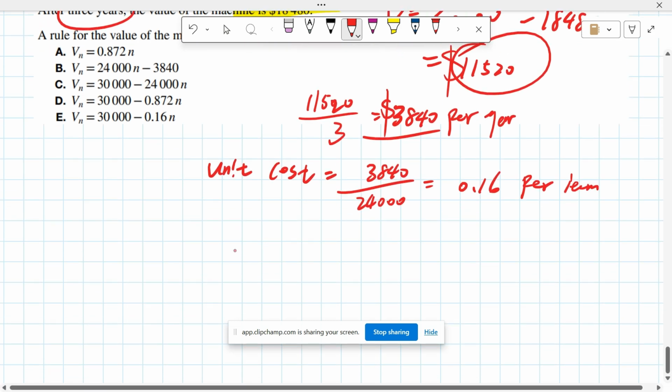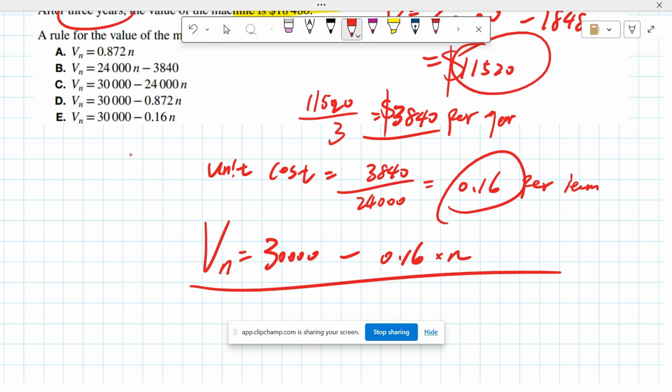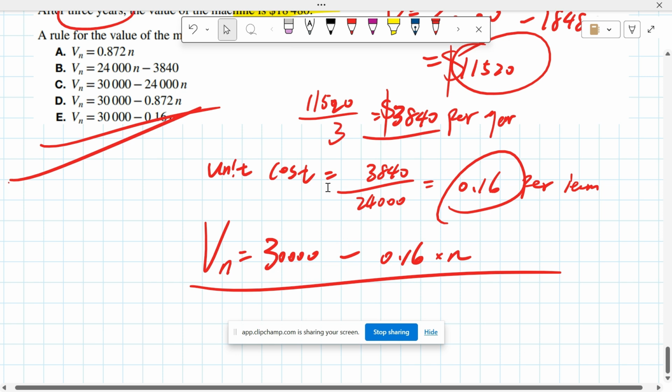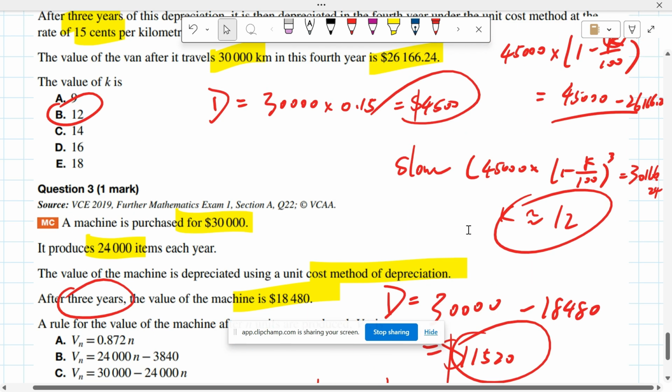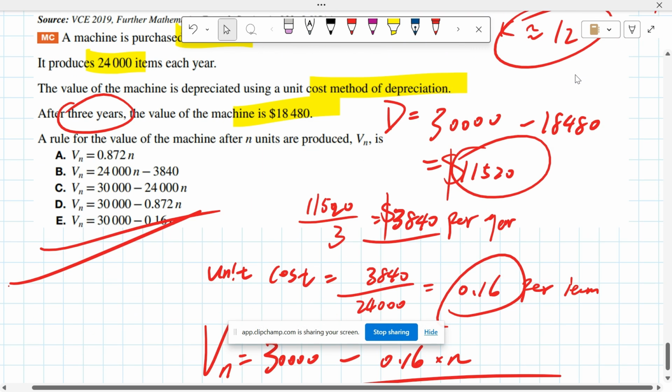Then V annual equals, using the 0.16 per item unit cost, 30,000 minus 0.16 times N. That's your final answer, E. So you always need to find the unit cost first, and once you have that, you should be able to calculate the rest.